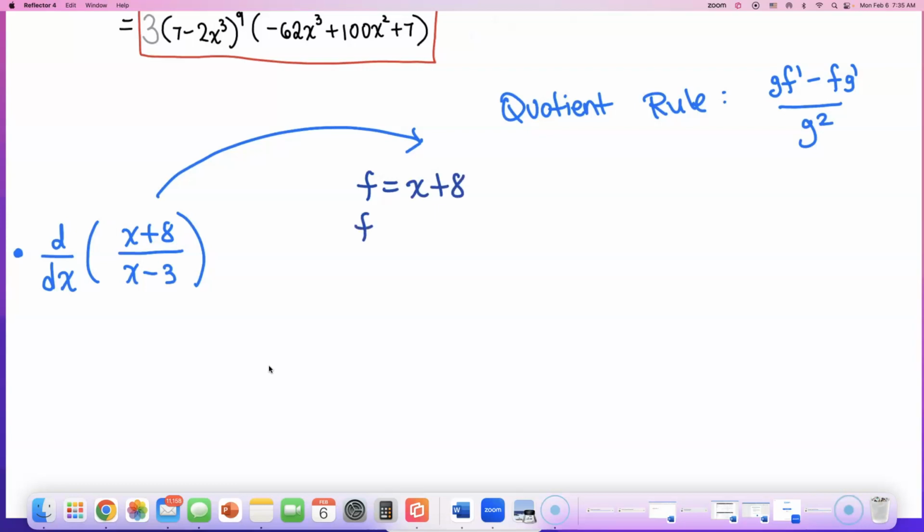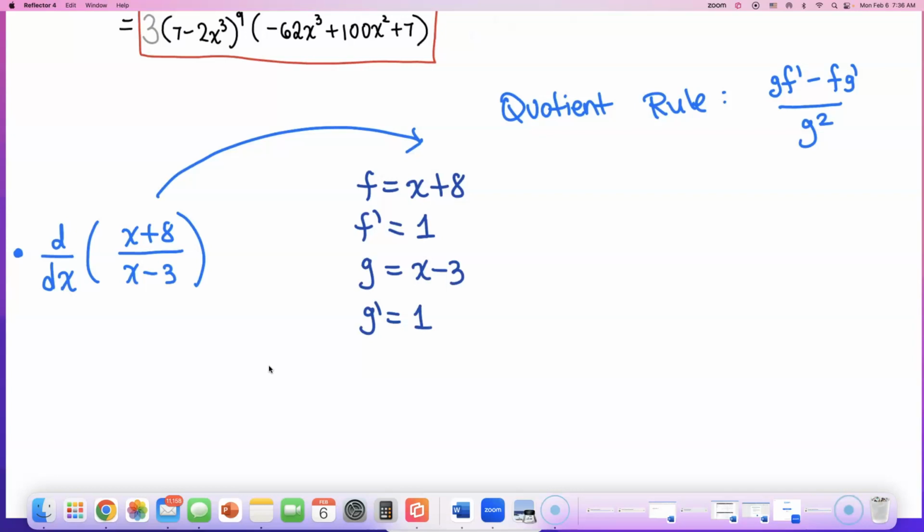Well, if f is that, f prime is just 1, right? G is the bottom of the fraction, which is x minus 3. And for these linear terms, the derivative is just the leading coefficient. And you see, g prime is also 1. That's going to be a little easier for us.